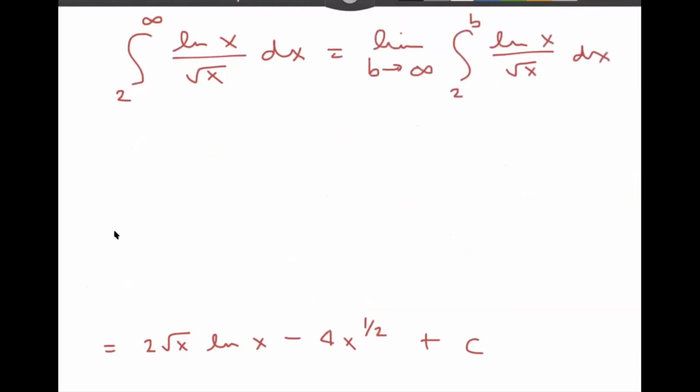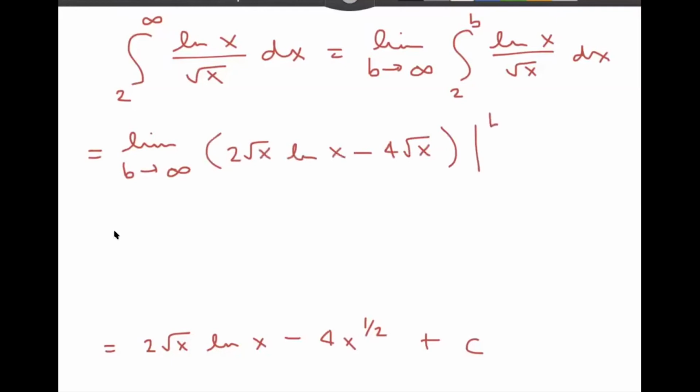And we just found that antiderivative, so let's go ahead and plug that in. All right, let's see. So this is going to be 2 square root of x, natural log x, minus 4 square root of x. Plug in b, plug in 2.